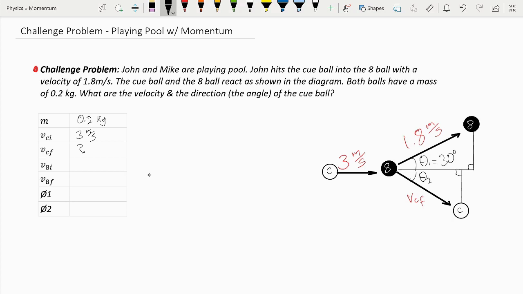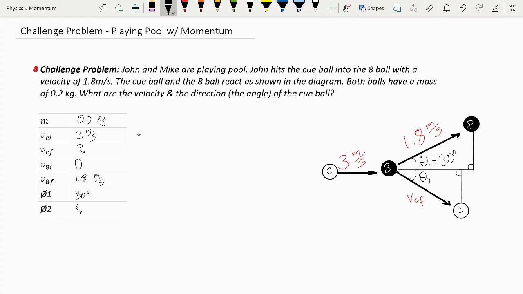The velocity initially for the 8 ball is 0, and the velocity finally for the 8 ball is 1.8 meters per second. Theta 1, the angle at which the 8 ball gets flung upward, is 30 degrees, and theta 2, the angle at which the cue ball gets flung downward, is something that we need to calculate.